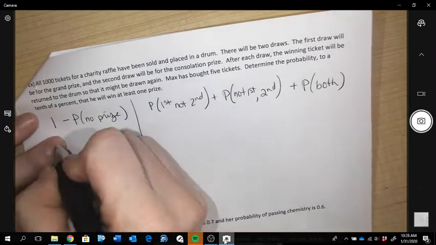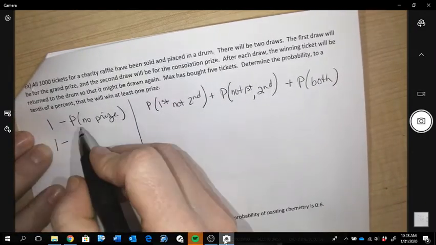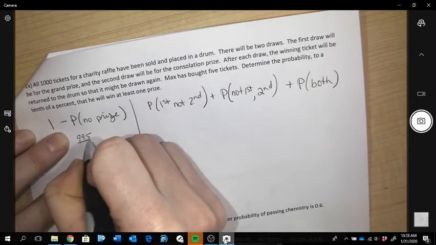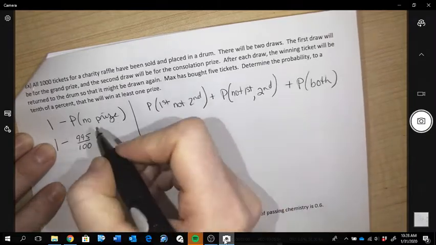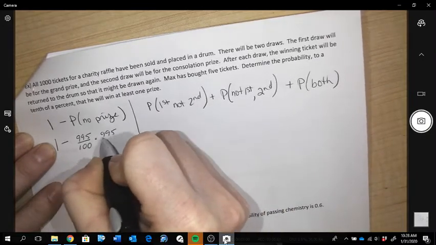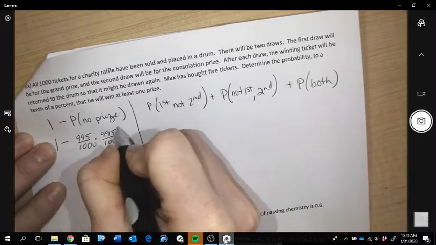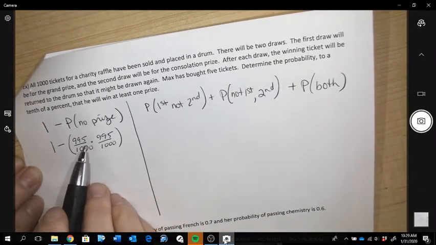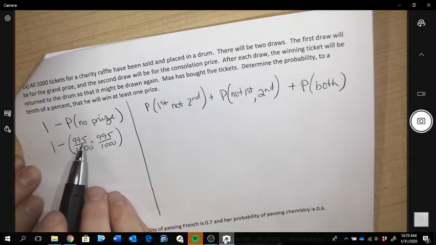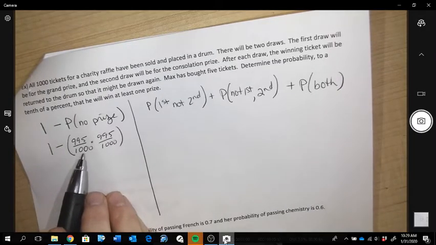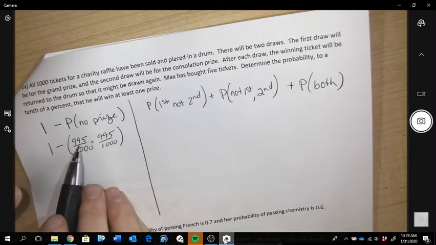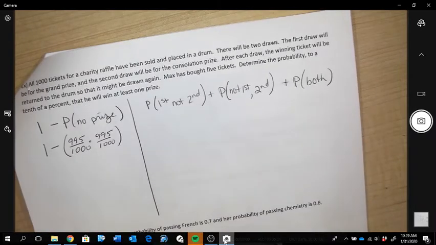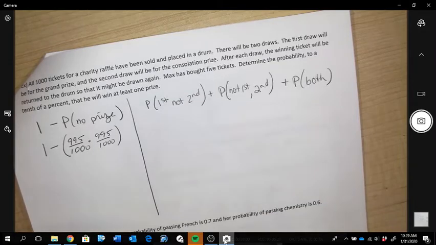Okay, so these both should have the same answer. The probability of no prize, on the first draw and the second draw. If winning is 5 out of 1,000, so the odds of losing are 995 out of 1,000.